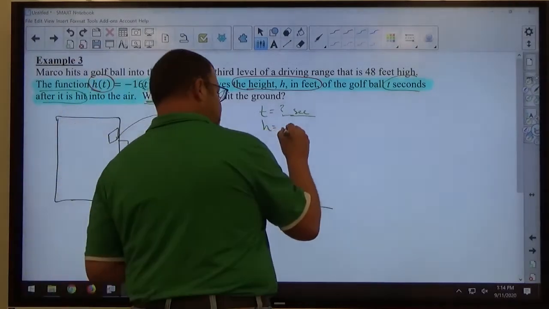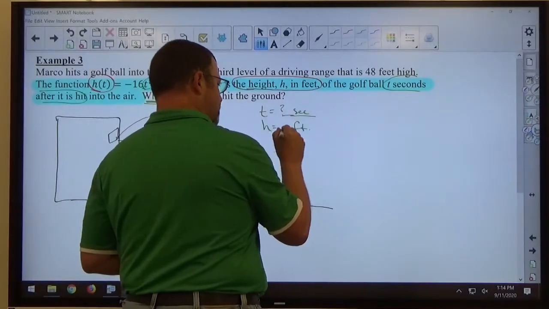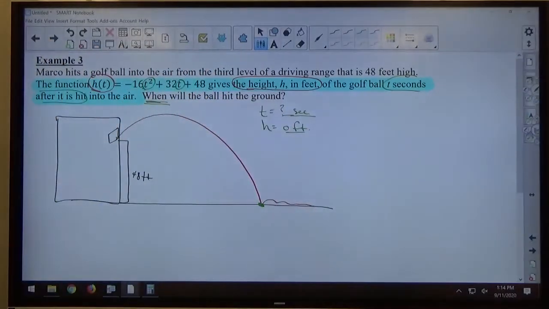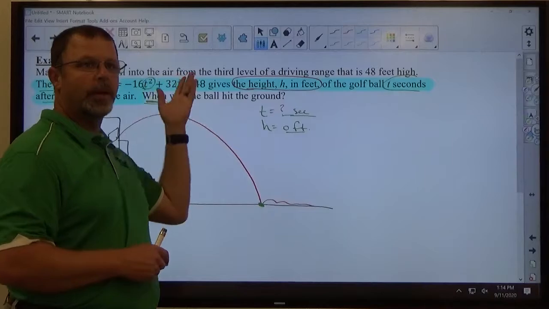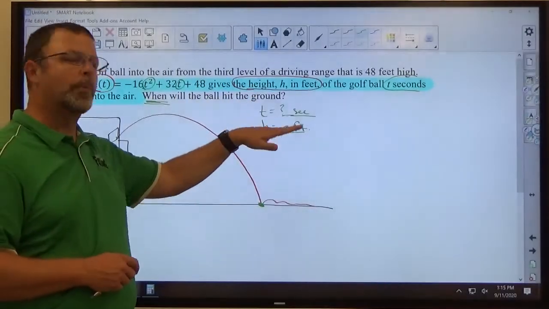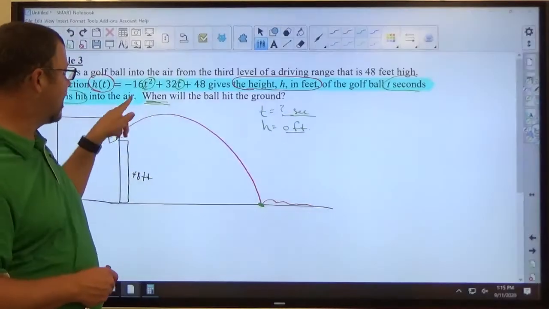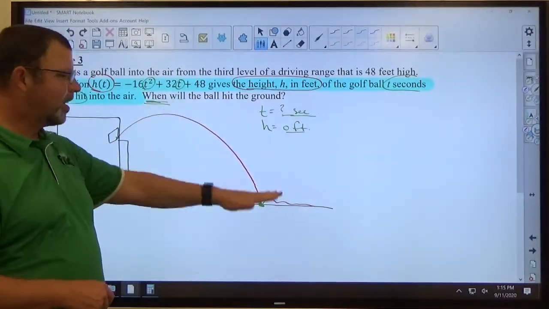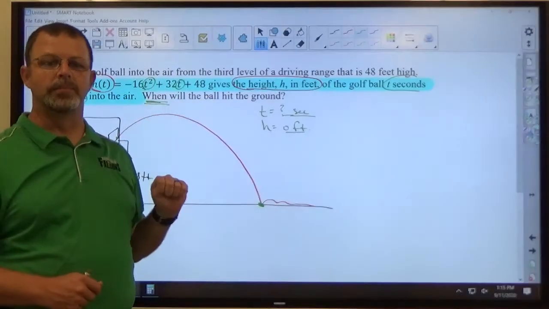So hitting the ground is the thing that they tell us that allows us to see what the height is. They might say, when will the ball be 20 feet high, or 20 feet above the ground? Well, then you'd let h equal 20, and then solve for t. So if they're saying, when will this happen, you just have to represent what height is. But in this case, they didn't say height is 0. They said hits the ground. That implies height is 0.